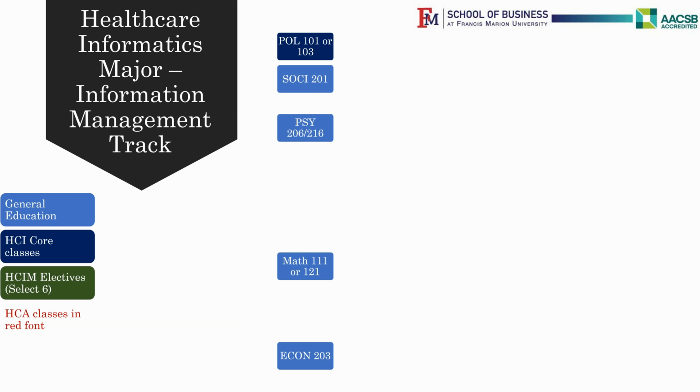Let's look at the first set of classes, Political Science 101 or 103, Sociology 201, Psychology 206 to 16, Math 111 or 121, and Econ 203 should be taken as general education requirements.